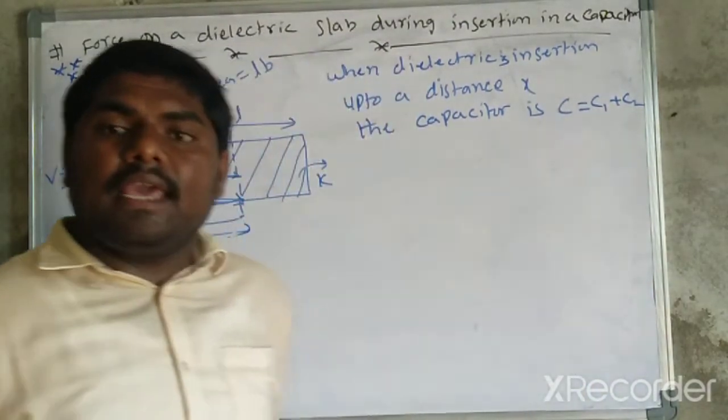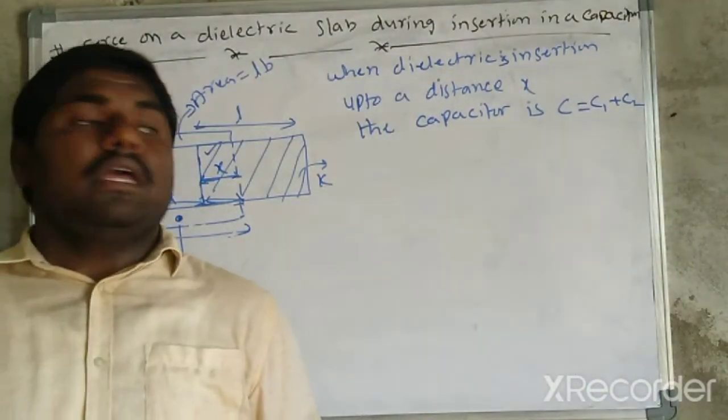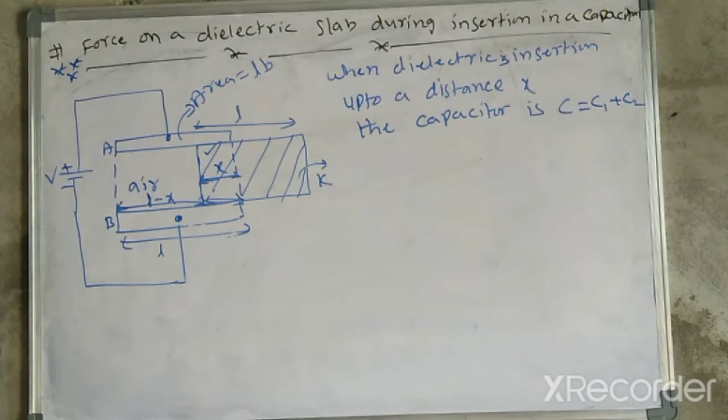C1 is nothing but air, and C2 is nothing but the dielectric.